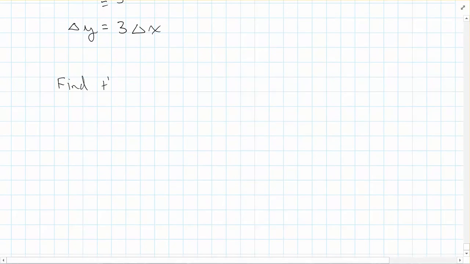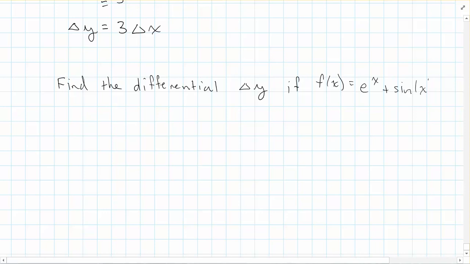Find the differential delta y if f at x equals e to the x plus the sine of x. I'm not going to give you a center at this point. We can still find the differential. Delta y is equal to f prime at x, delta x.